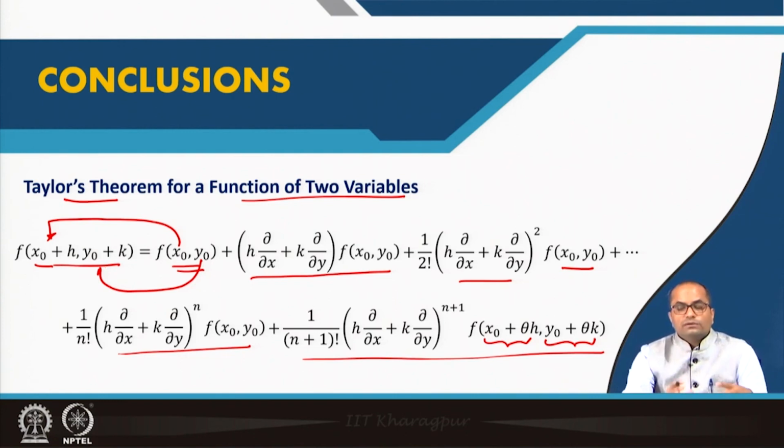So, the structure of this Taylor's theorem for functions of two variable remains the same as the case of a function of one variable, but of course, here the more these partial derivatives are coming into the picture.